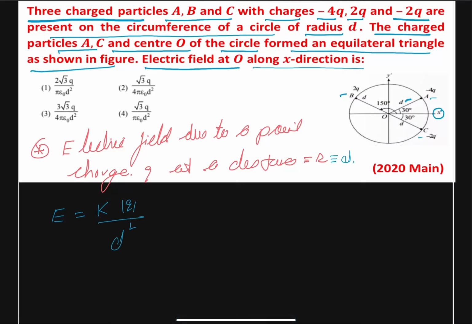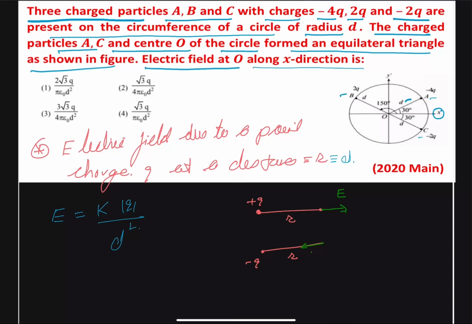And we have to remember that if our charge is positive, suppose this is a plus q, then the electric field at a distance r will be directed away from the charge. And if the charge is negative, suppose this is minus q, then at the same distance r the electric field will be towards the charge.